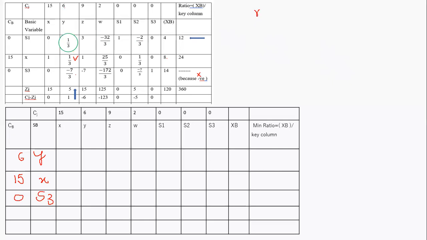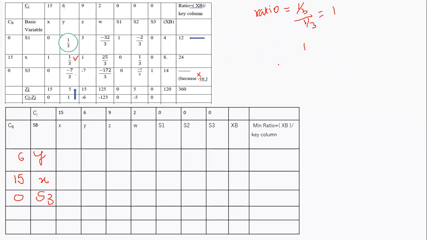Therefore, I'll be having my ratio as the number to be made 0. The number to be made 0 is 1 by 3 divided by key number, whatever I have encircled. So that is also 1 by 3. Therefore, here the ratio is 1. So after that, new row will be old row. Old row means I want to make this 1 by 3 as 0, right?